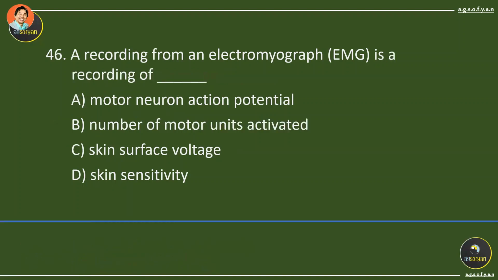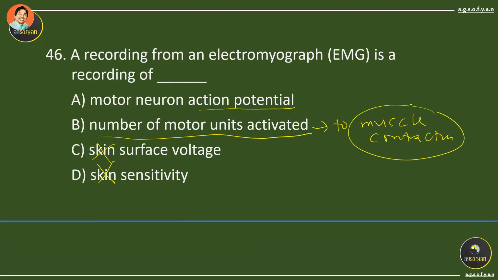A recording from an electromyogram or EMG is a recording of what? Motor neuron action potential is not really. Skin is not. This is actually how many motor units are activated in the muscle contraction. Okay, so there is a muscle contraction over here related to this motor unit activation. So this should be the answer.